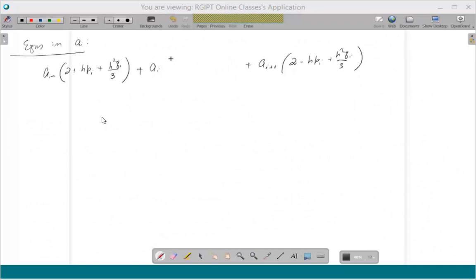Please check that algebra. This holds for all i ranging from 0 to n.